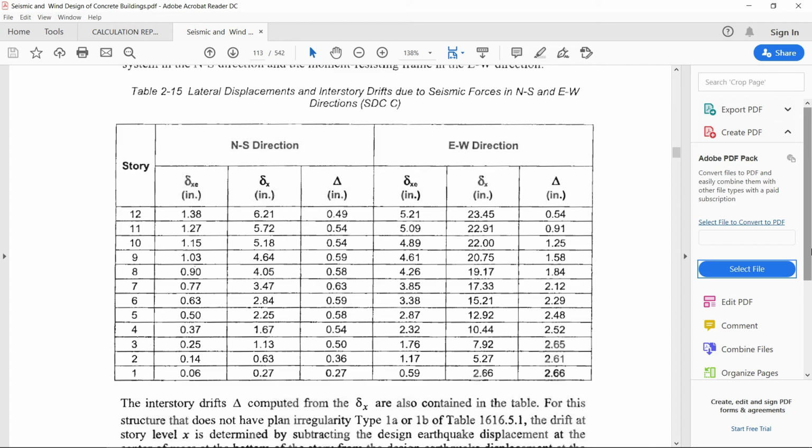But up to seismic category A, low-rise buildings, you can use STAAD. But for medium-rise buildings, maybe 10-12 stories like this one, STAAD is not a proper software for concrete structures.